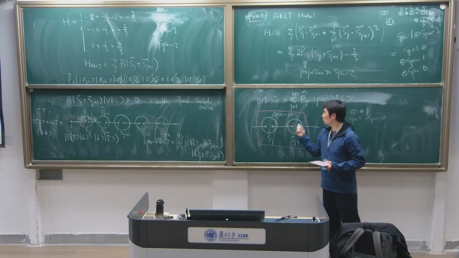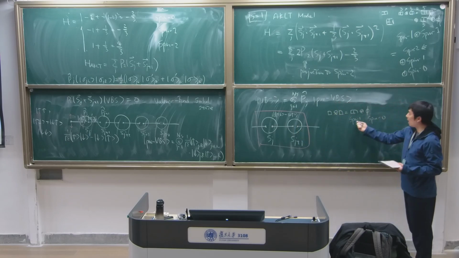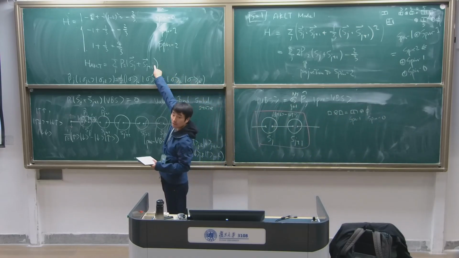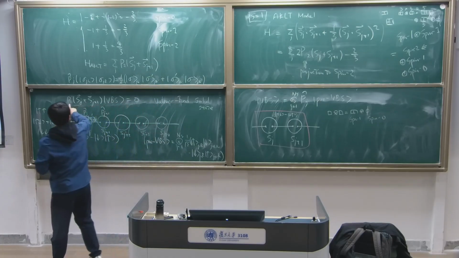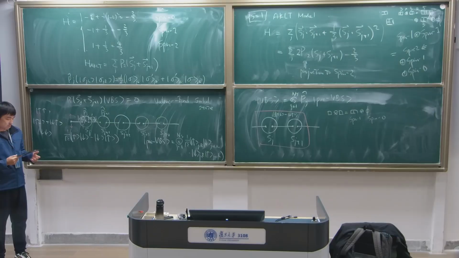So these two, the leftmost spin and rightmost spin, can create at least spin 1 or spin 0. Therefore, it is projected out from the AKLT component. So this is mathematically satisfied by construction.